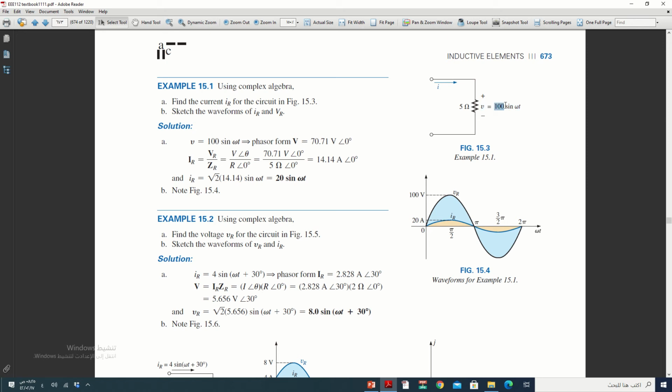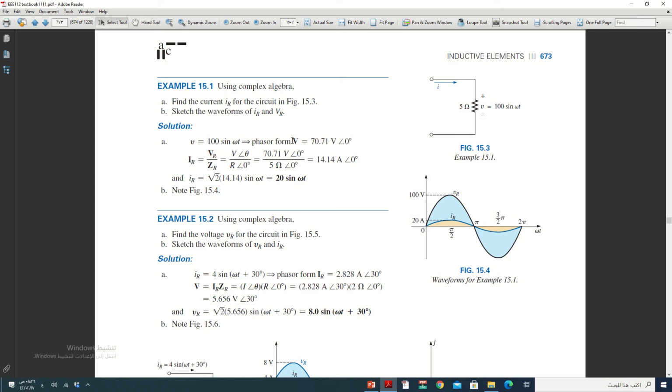What is 100 here? This means the peak value, magnitude. We need to find the RMS for 100.